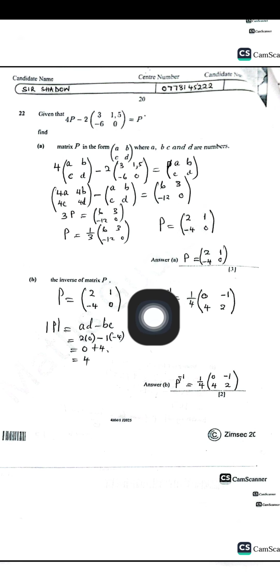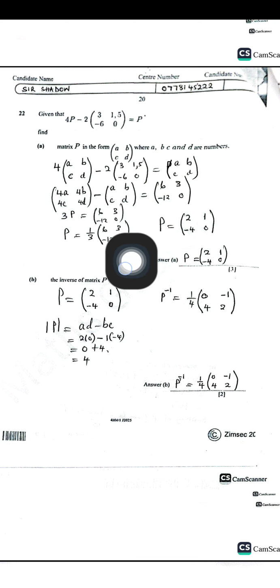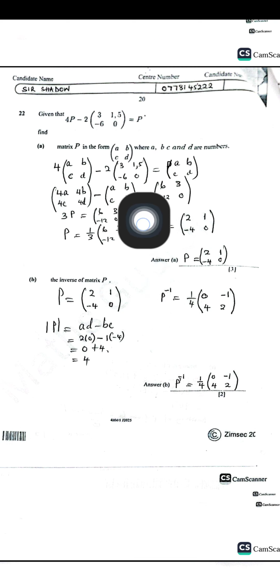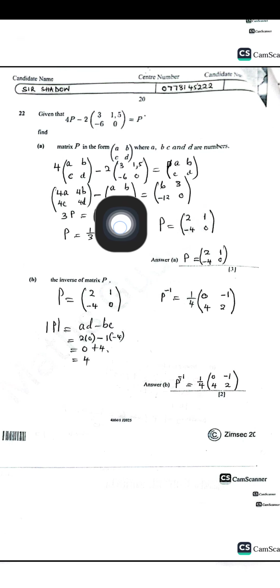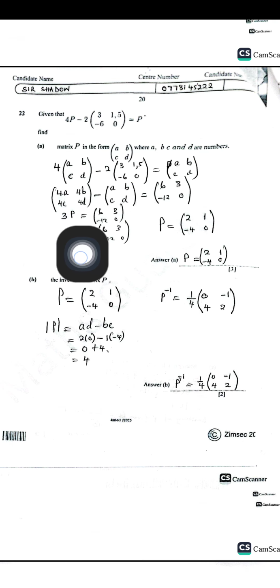I can collect this one and jump to this side. So in other words, this one minus this one is equal to 6 3 minus 12 0. So 4A minus A, I get 3A.